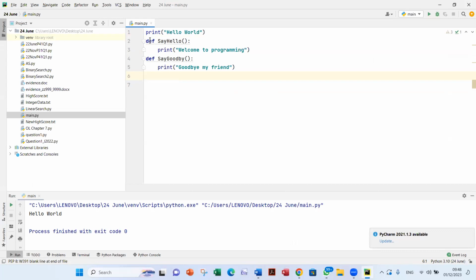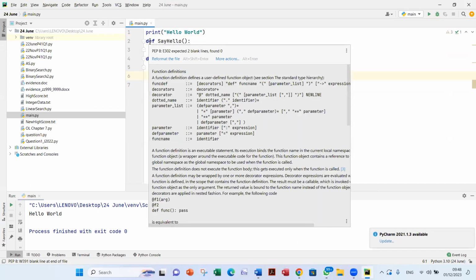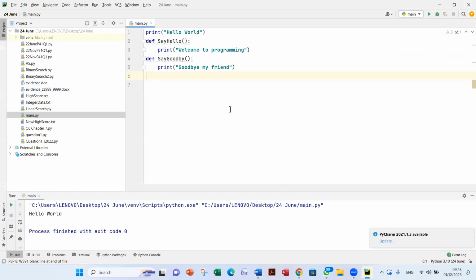And in the main program, I have def, which is the Python instruction to define a subprogram. I have a subprogram called say hello. If this subprogram is called, you need to call it, it will write welcome to program. And there is another subprogram that is say goodbye. And when you call it, it will say goodbye, my friend.